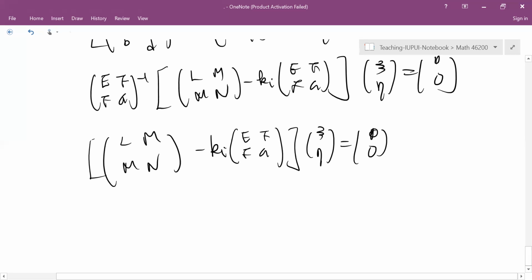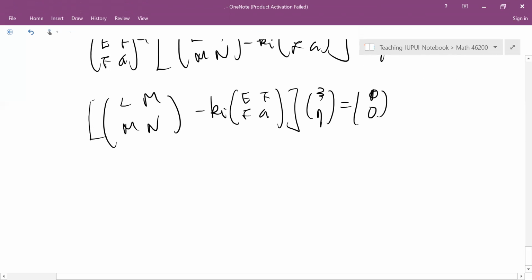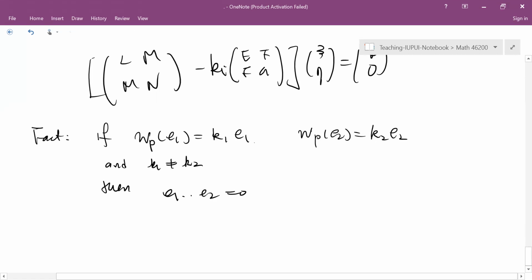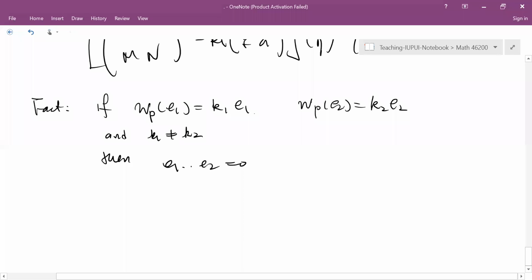So this is a fact. If W E1 equals K1 E1 and W E2 equals K2 E2, and K1 is not equal to K2, then the inner product of E1 and E2 must be 0. The proof is simple.